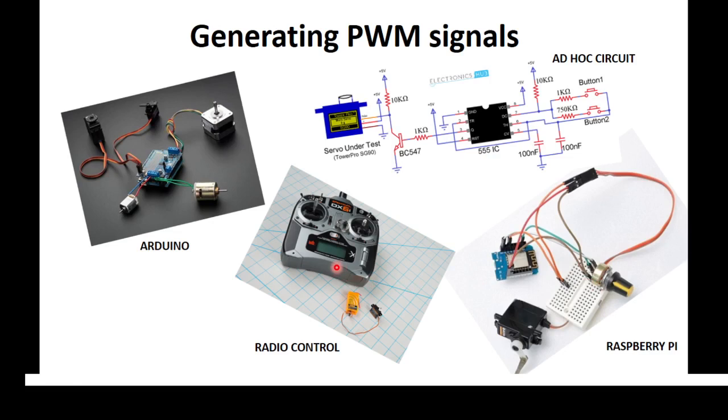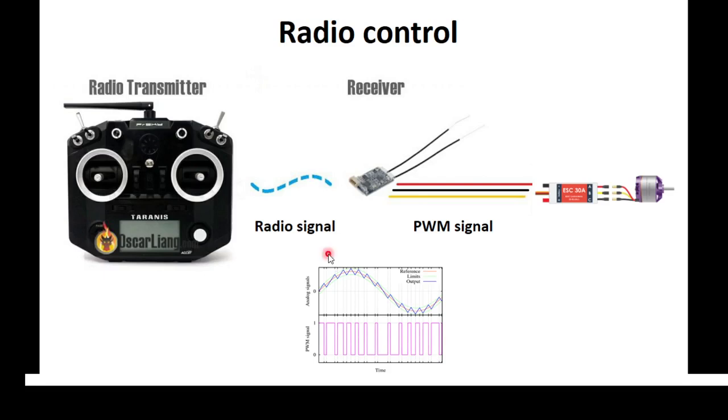That is the usual way in the case of drones. When using radio control, the transmitter generates a radio signal that the radio receiver converts into a PWM signal that is connected to the device.